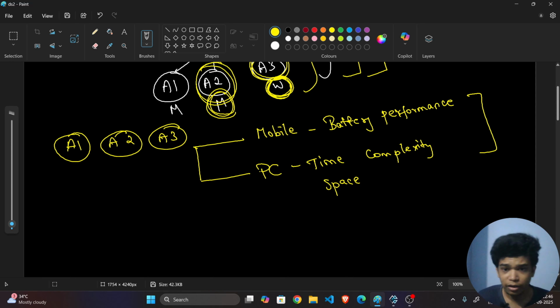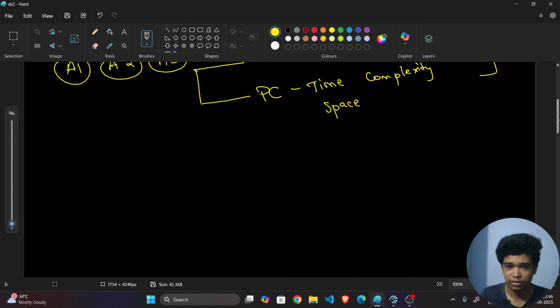Now, there are two methods to analyze time and space complexity. Till now, we didn't get into time and space complexity. I only told you about some misunderstandings and what analysis of algorithms is. Now I want you to understand how we measure time and space complexity so that you can understand their definitions.